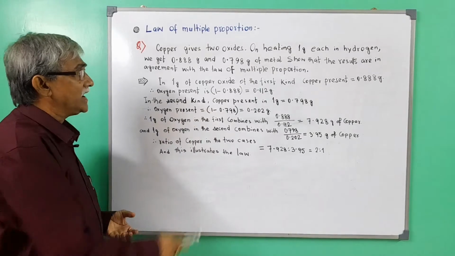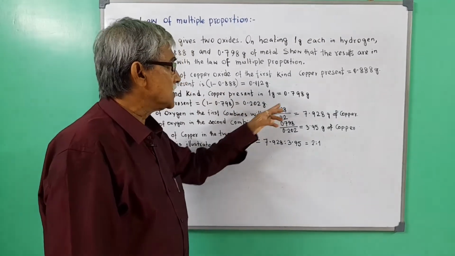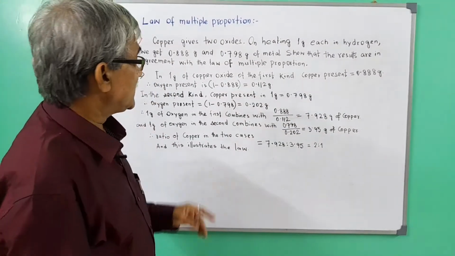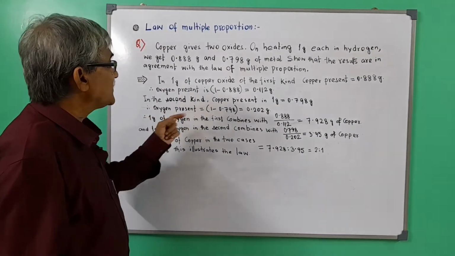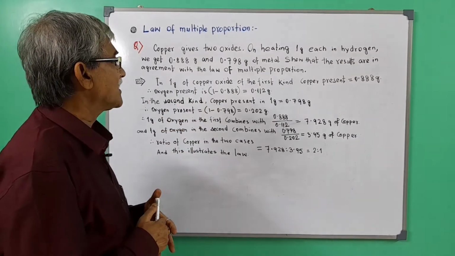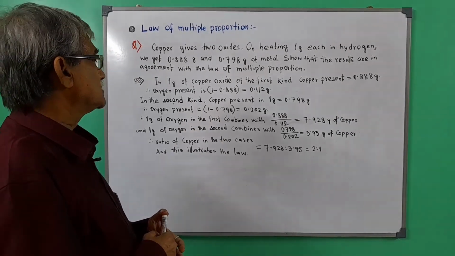In the second kind, the copper present in 1 gram of the copper oxide equals 0.798 gram. Therefore, the rest is oxygen. The oxygen present is 1 minus 0.798, that equals 0.202 gram.